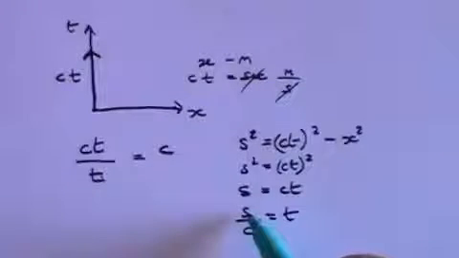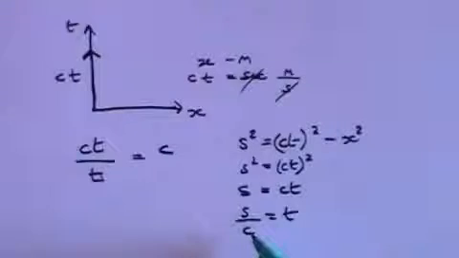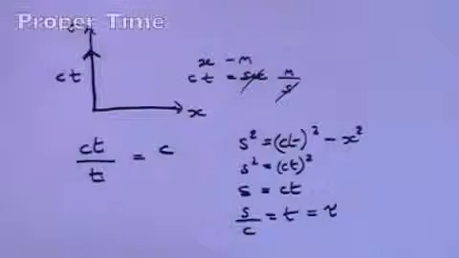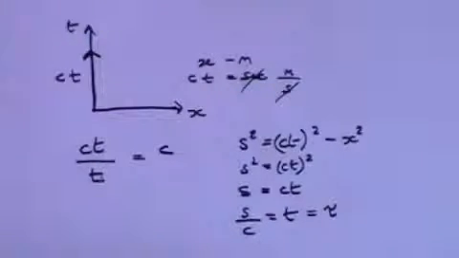s is a universal constant. We've already shown that. c is the speed of light. That's a universal constant. So s divided by c is t. And t has a special name. It is called the proper time. It is the time which everyone will agree on.